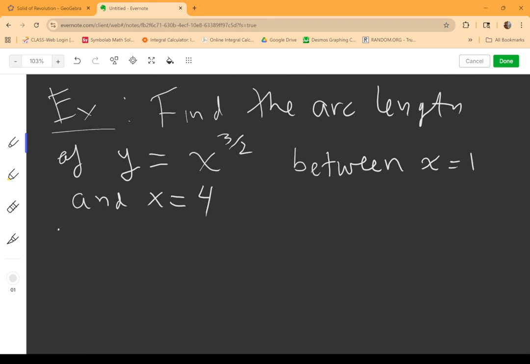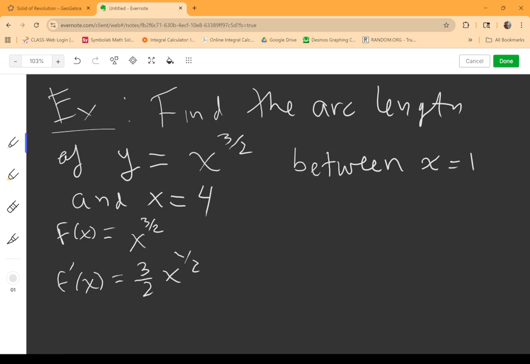My f of x is the function f of x equals x to the 3/2. If I take the derivative, f prime of x is 3/2 x to the 1/2.